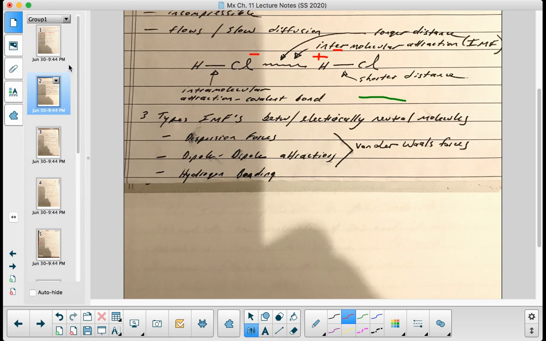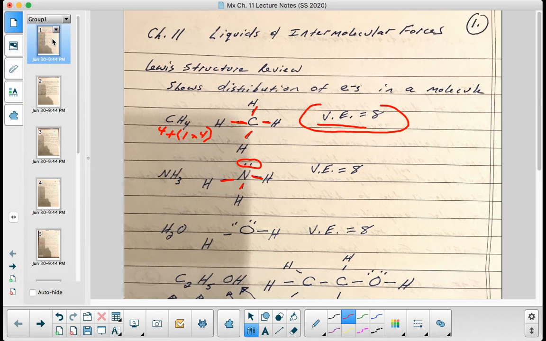Before we go any further, I'm going to do a quick review on Lewis structures and what they are and why we need them. A Lewis structure shows the distribution of electrons in a molecule.